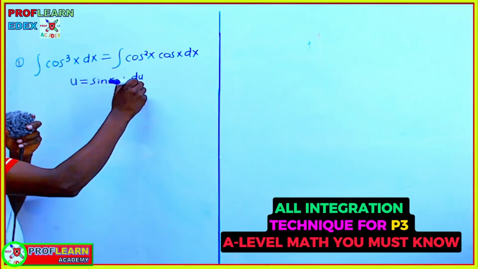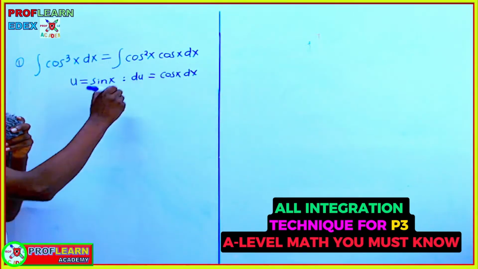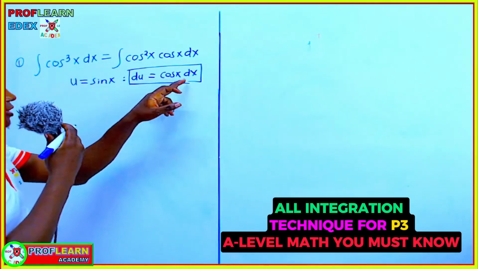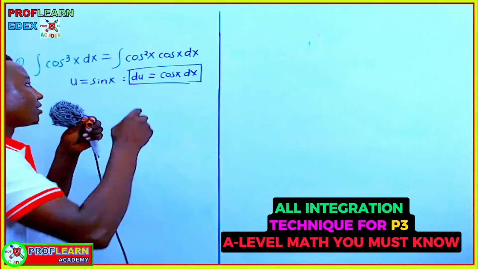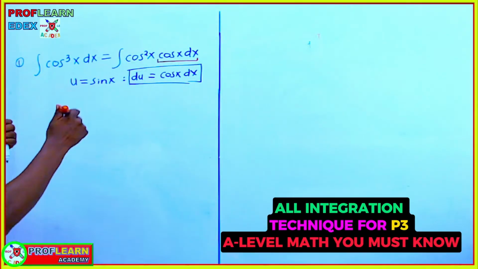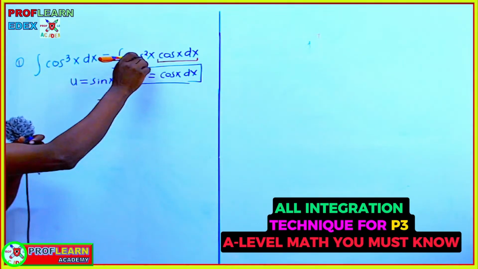Our du is going to be cos x dx, right? So once we have this, we know that anywhere we have cos x dx, we are going to replace that with du.